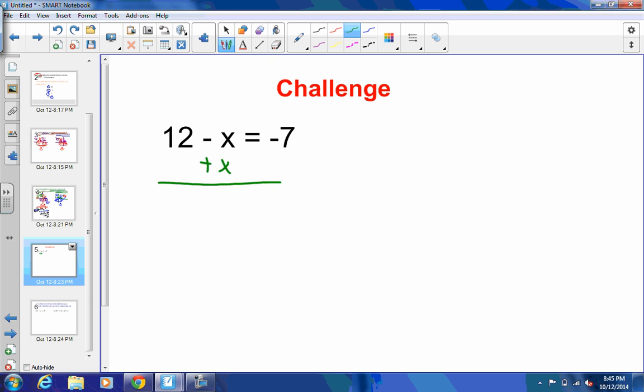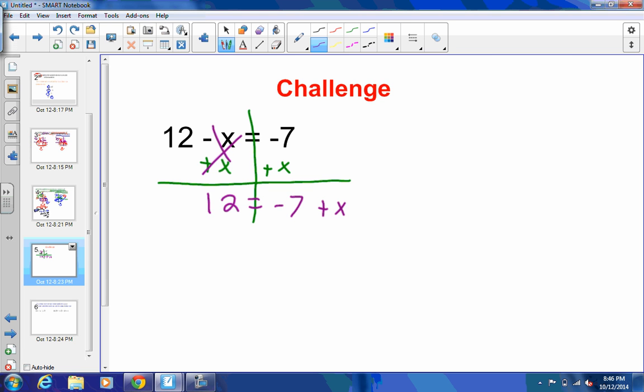Just know that you have to do it over here as well, because we don't want the negative x. We want a positive x. If you do that, this cancels out here, and you're left with 12 equals negative 7 plus x. There we have our positive x on the right side.